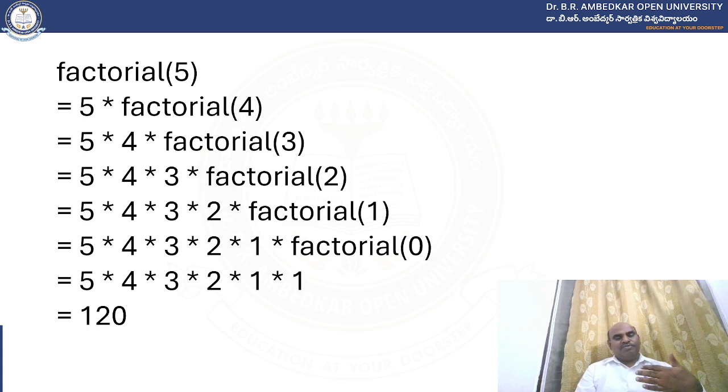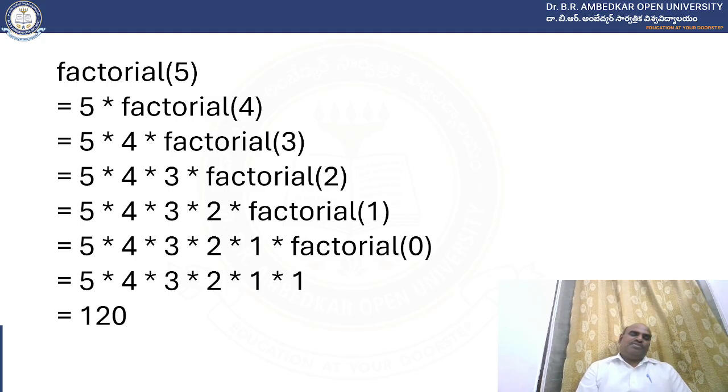Next, 5 into 4 into 3 into 2 into 1 into factorial of 0. I told you, factorial of 0 is 1 only. That's why 5 into 4 into 3 into 2 into 1 into 1, that is 120. Like this we can calculate using recursion. It is very easy, we can use n into (n minus 1).